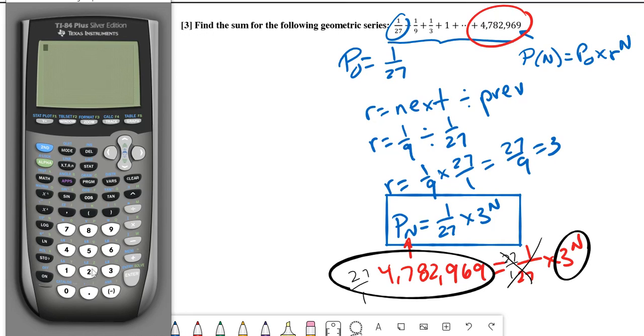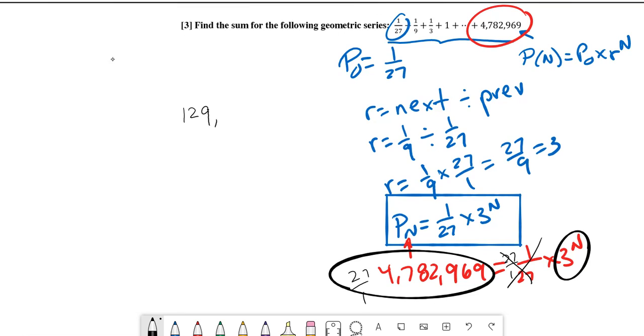So we have 27 times 4,782,969. So now we have 129,140,163 equal to 3 to the n.